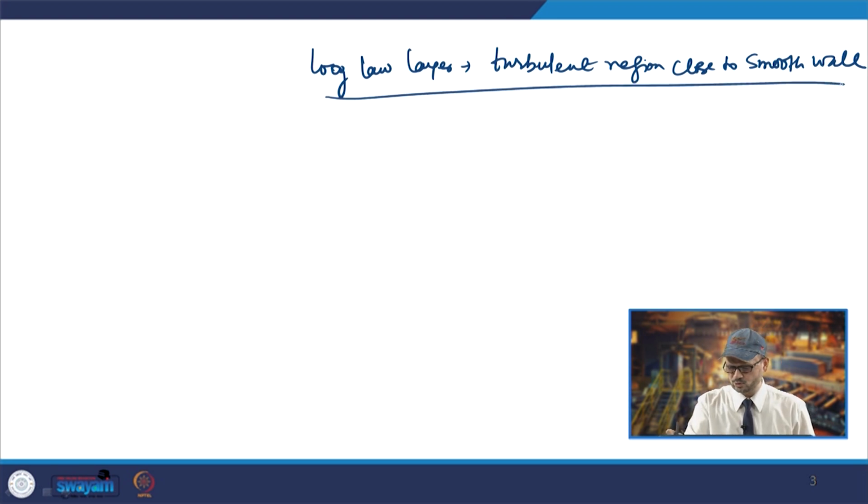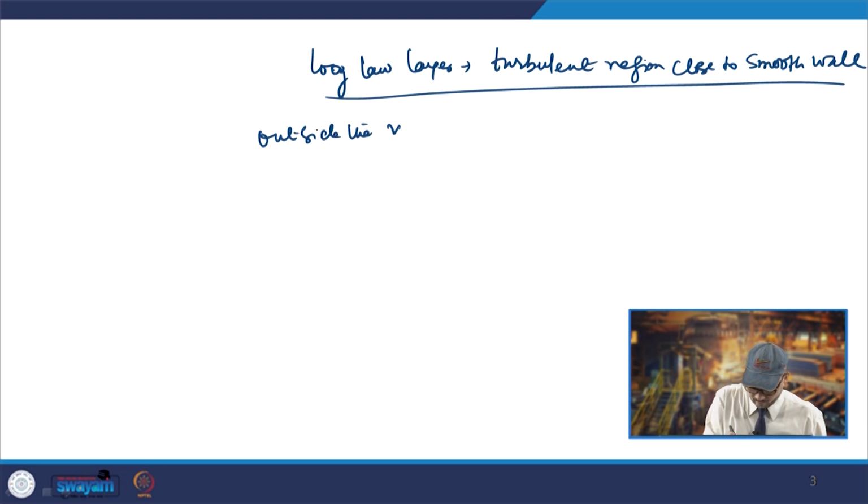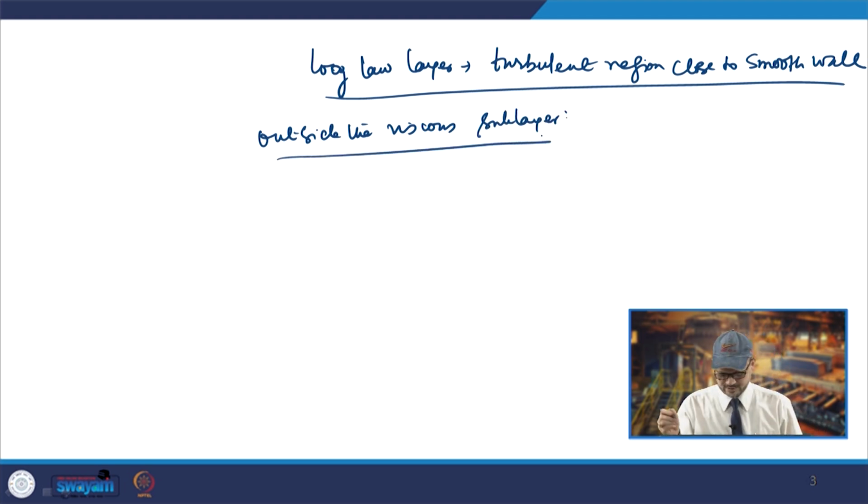In this region, the y plus value will be more than 30 and less than 500. So, here this is outside the viscous sublayer.